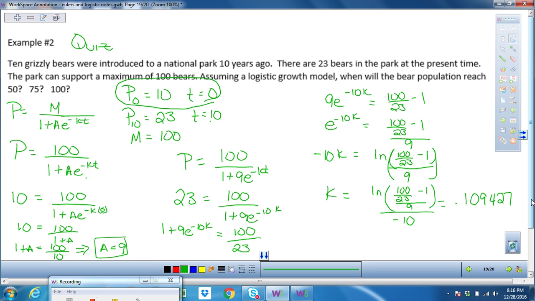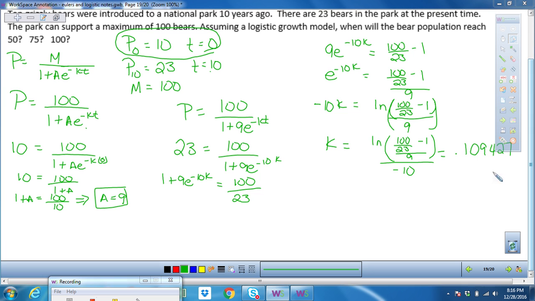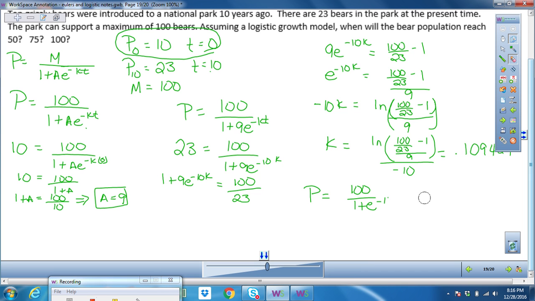If you put that in your calculator, I think that's what you should get. So my equation then is P is equal to 100 over 1 plus 9 e to the negative 0.109427 t.